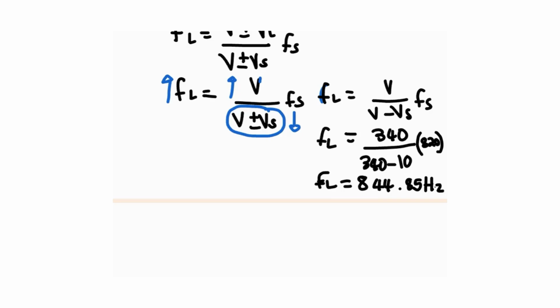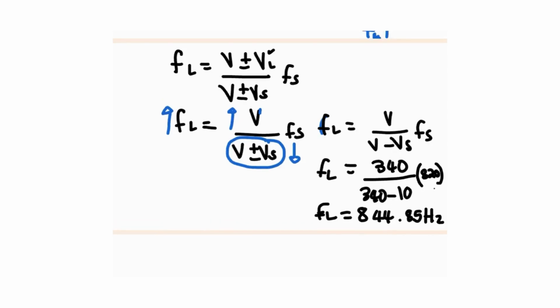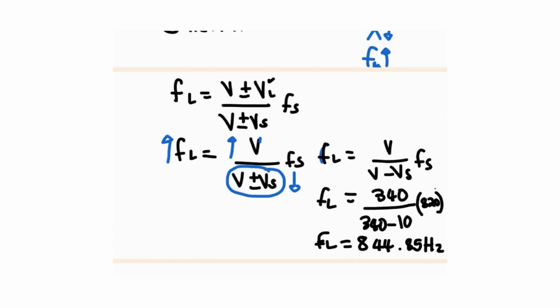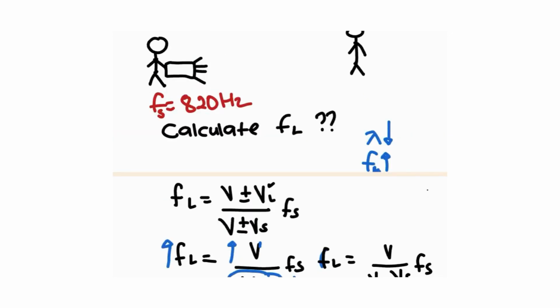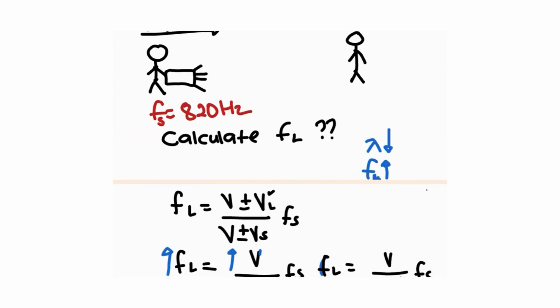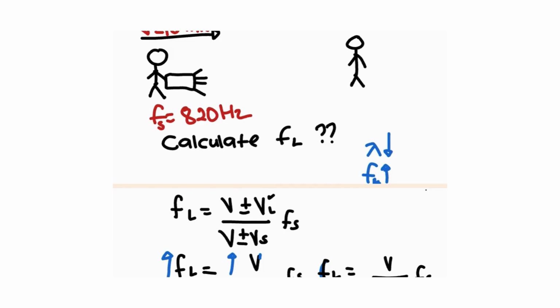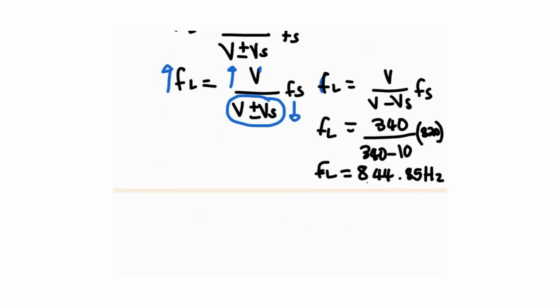So remember guys, at the beginning when we were looking at your friend approaching you, I had mentioned that if the source is approaching the listener, the frequency that the listener hears is greater than the frequency that the source emits. And that is evident. The source emitted 820 hertz and you as a listener had 844.85 hertz.